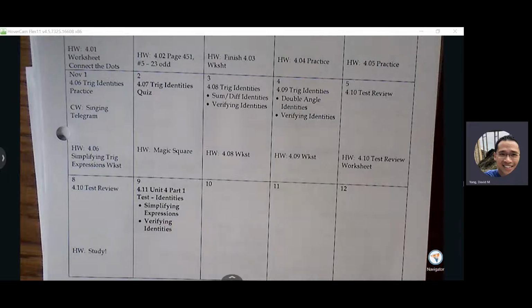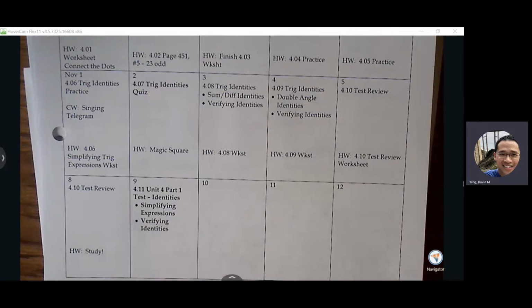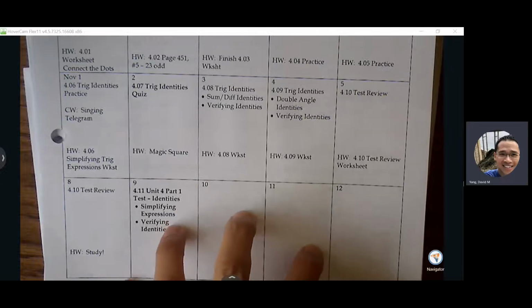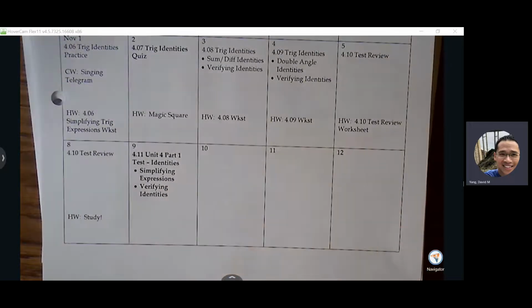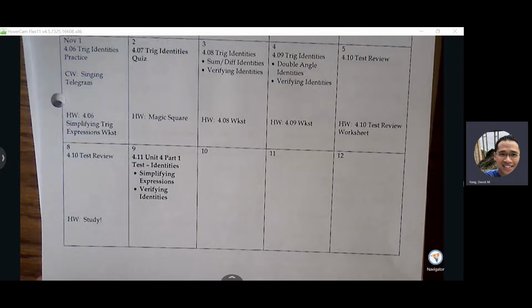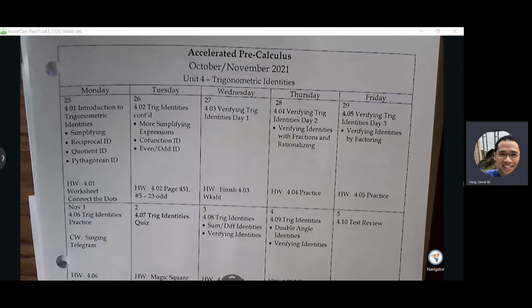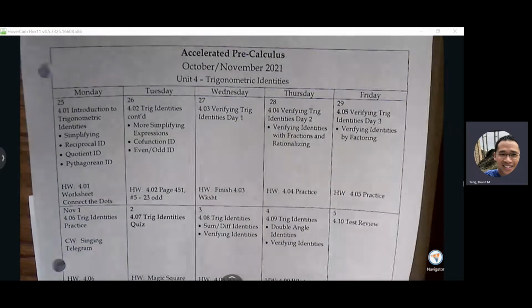The packet that you have in front of you is the first part of Unit 4, and then we'll move into the second part for the remainder of the semester. We just have one unit remaining, but it's such a long unit, we're splitting it into two parts. Okay. Now, also, the back of your calendar has a formula sheet.